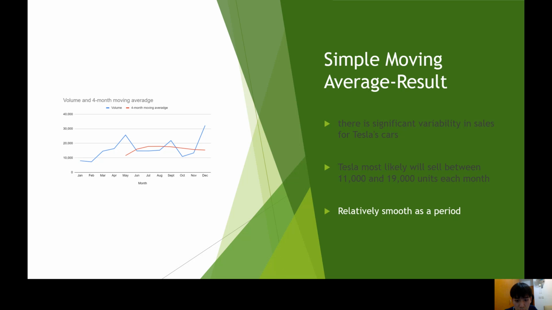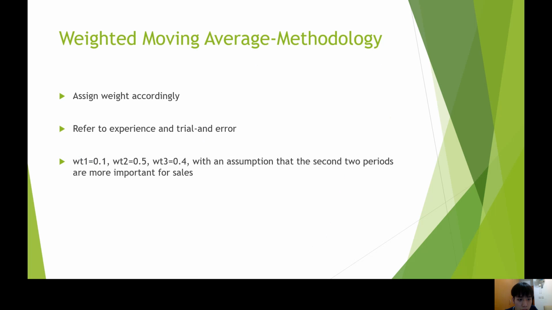Overall, it shows a relatively smooth trend because it is quite a long period of time, which is a 4-month moving average. Next, we will talk about the weighted moving average, which uses experience and trial and error to assign the weights accordingly.